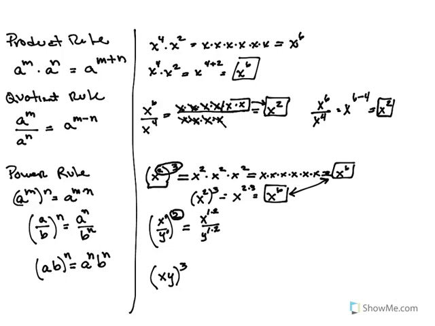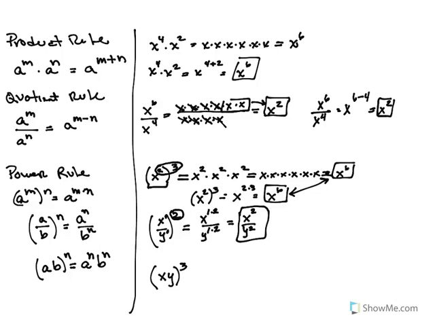This exponent here, the 2, must distribute to the x and the y, and we apply the power rule, meaning we just multiply the exponents together. So we get x squared over y squared. We cannot simplify that anymore because the bases are not the same, which means what? They wouldn't be able to cancel. That's what the fraction is. It's just a cancellation if the bases are the same.